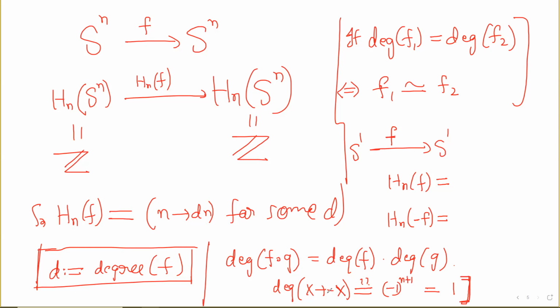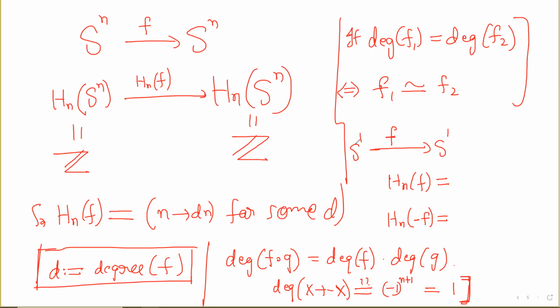If you believe this formula that the degree of x going to minus x is minus 1 to the power n plus 1, where n is the n in Sn, then in our case it is 1, because n plus 1 becomes 2, right?